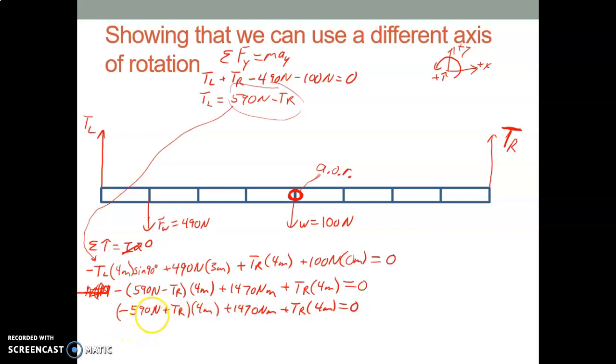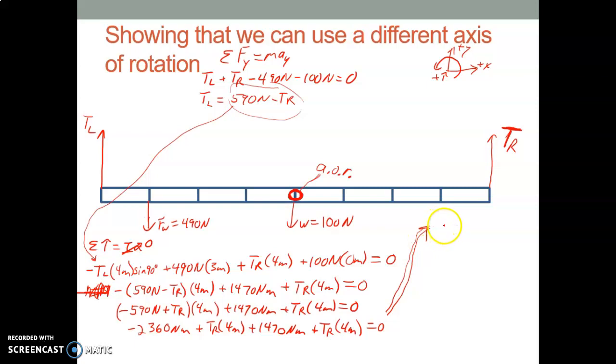And then we say 590 times 4, we get 2,360 newton meters. Plus T sub R times 4 meters plus 1470 newton meters plus T sub R times 4 meters. And we're running out of room here at the bottom, so we're going to come up here. It's always helpful to show people your thought process.